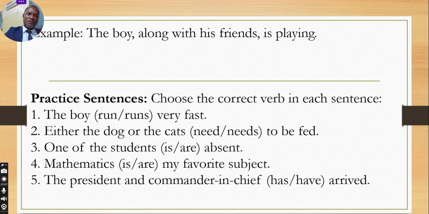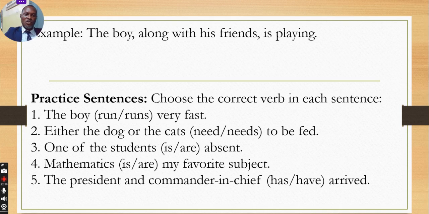The boy, you can see the boy is demarcated with a comma, along with his friends, is playing, not are playing. Along with his friends can be deleted out of that place. The boy is playing. The boy is the subject of our discussion, which means he is our focus. So along with his friends is just an interrupting phrase because of the demarcation there.